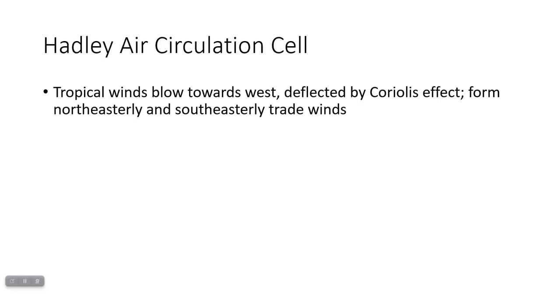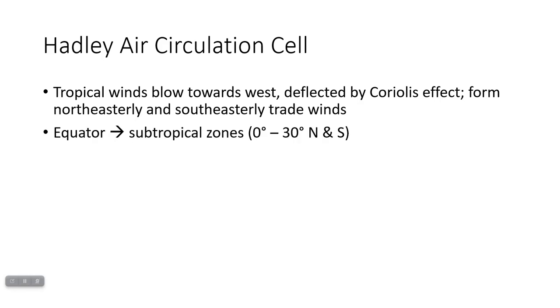So, if we look at each of these circulation cells, what we'll see is that we have these particular patterns of precipitation. The Hadley air circulation cell is right near the equator. It extends from the equator to the subtropical zones, which is about 0 degrees latitude to 30 degrees north and 30 degrees south latitude.